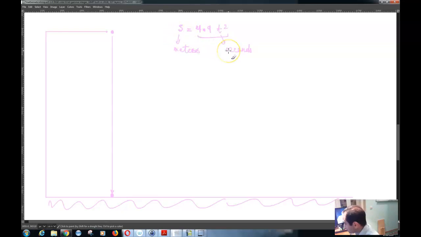Meaning that you can say that the distance S in meters covered by the body as a function of time.